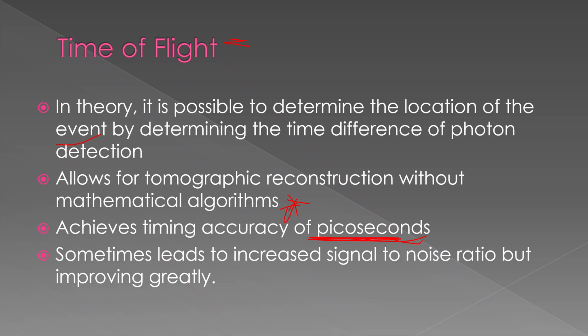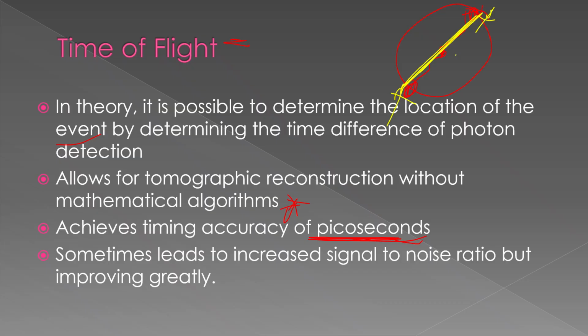And so what happens is you have these annihilation photons, and they hit detectors that are opposite of each other. Typically when that happens, as soon as the camera says, oh, there were two photons that hit opposite of each other, it creates a line of response. And we say, okay, there was a count somewhere along that line. Time of flight uses the time difference between when it hit one side and the other to say, okay, it hit over here a little bit quicker than it hit over here.